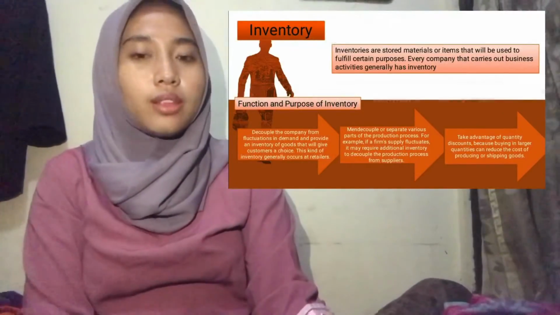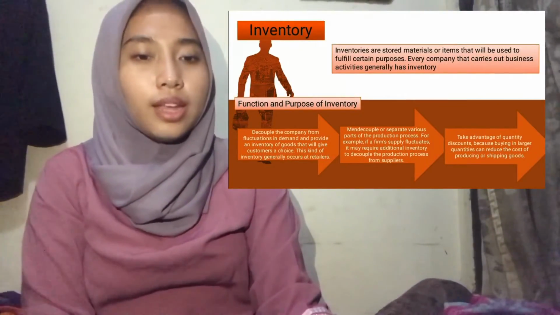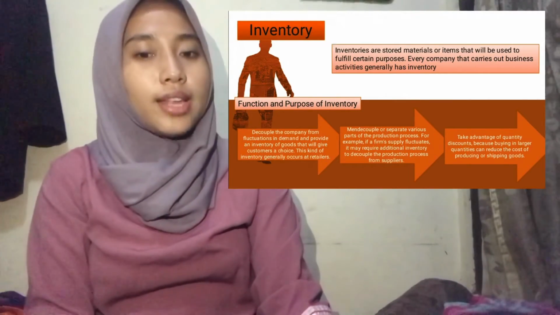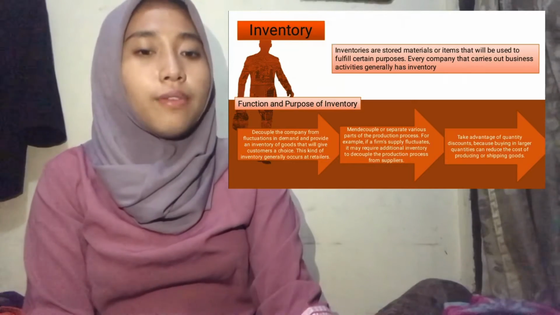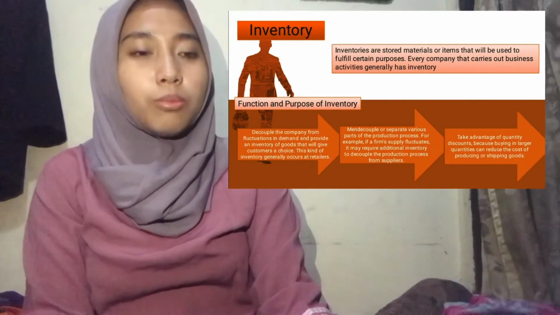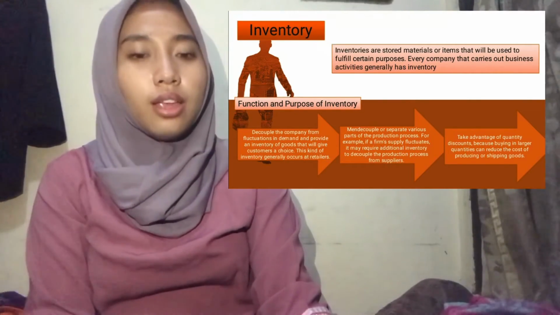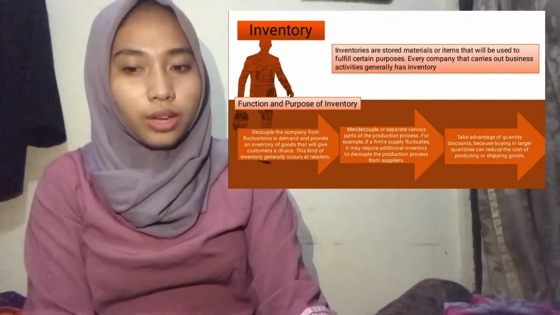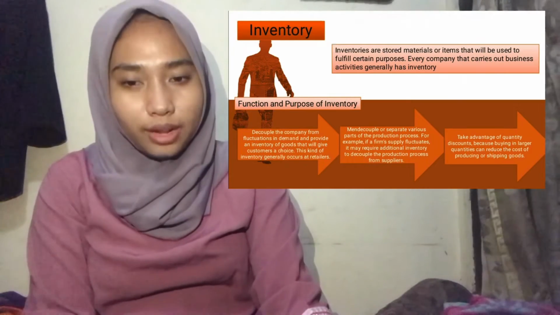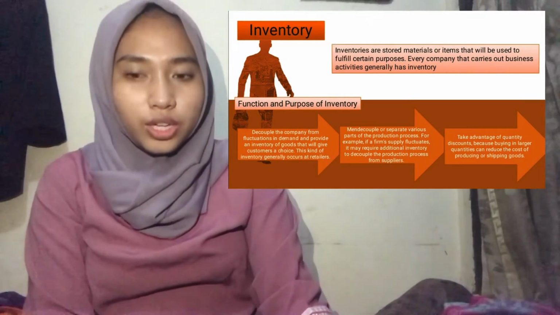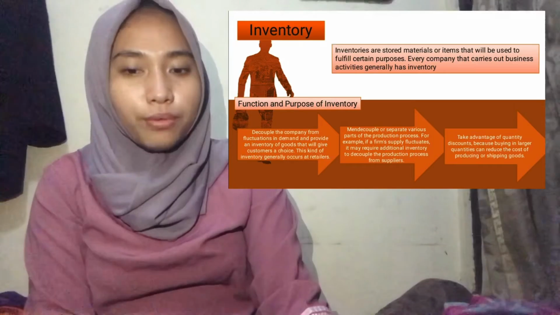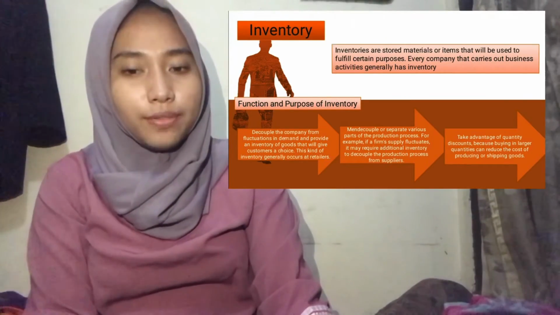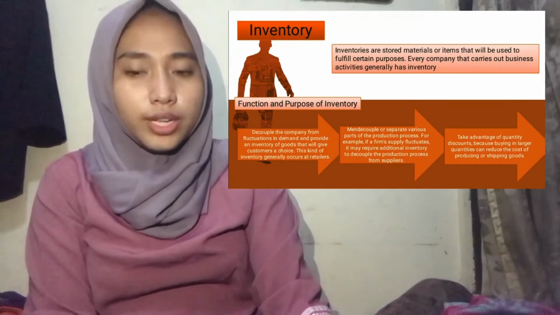Next, inventory. Inventories are stored materials or items that will be used to fulfill a certain purpose. Every company that carries out business activities generally has inventory. Function and purpose of inventory. The company prepares for fluctuations in demand and provides an inventory of goods that will give customers a choice.